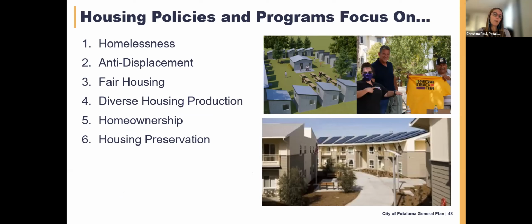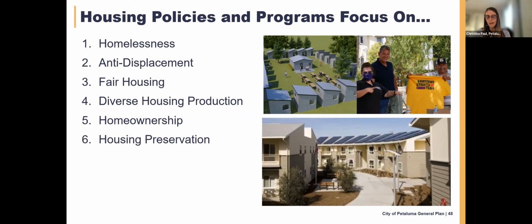So we are proposing that we talk about these 6 buckets of policies. That includes homelessness, how to mitigate homelessness and help folks be housed; anti-displacement, and how to keep people in their housing; fair housing, how to make sure we are providing housing for all areas of the community; diverse housing production, how do we build all different kinds of houses, again, so that we can support quite a few different folks and different needs; homeownership, this can be really important for folks and important for their economic stability.